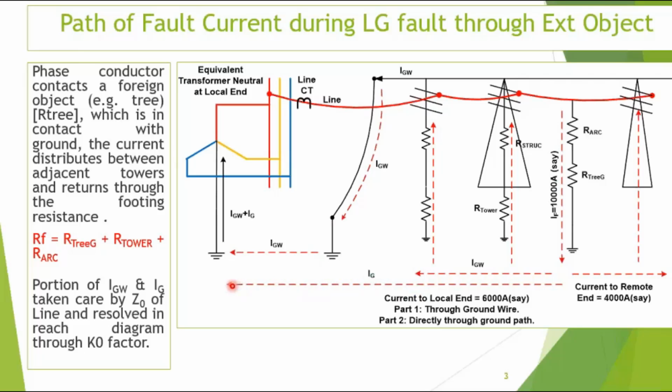So other substations' currents get summed up in this R phase and R phase bus and come back to the fault point like this. And in this substation, the ground wire carries most of the current, and it returns back to the various substation earth points, transformer earth points mostly, and gets summed up over here.